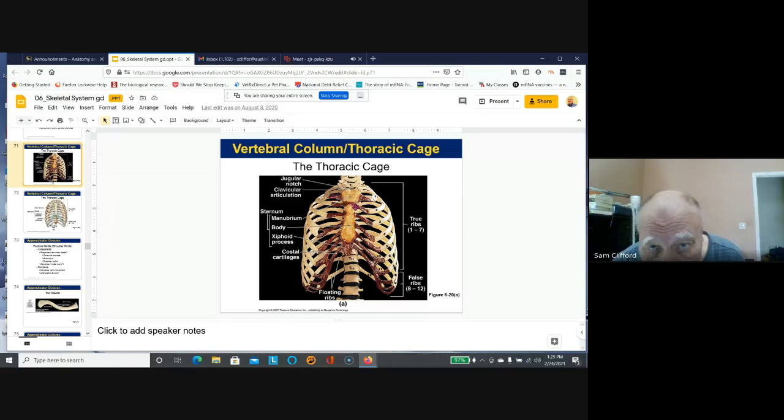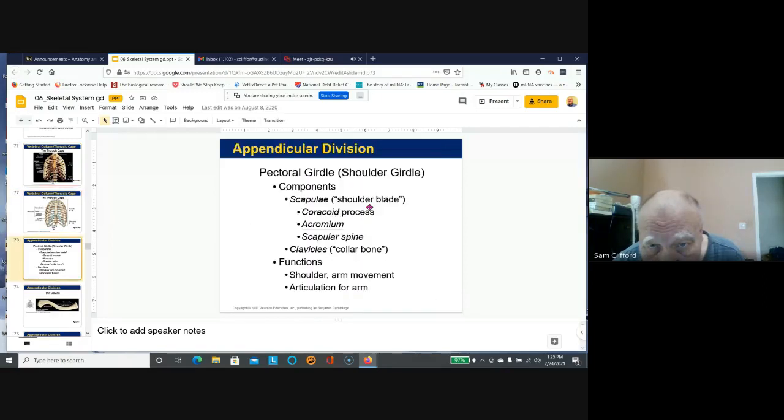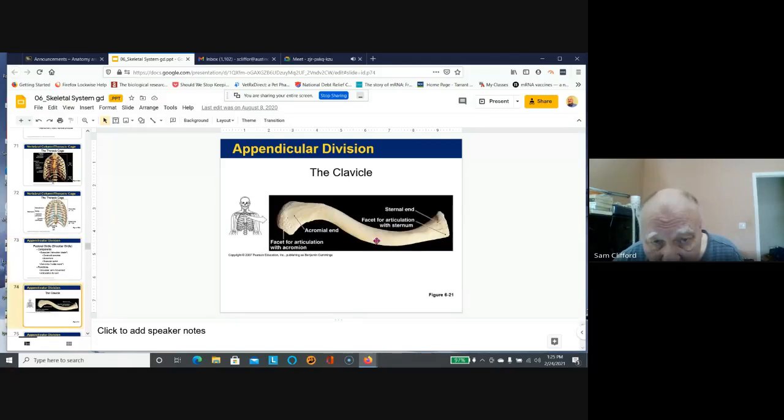They don't show it here, the clavicular articulation. So make sure you know the parts of the scapula; we'll get into that as we move down, in the appendicular skeleton. The clavicle bone connects to the sternum, and it articulates with the scapula.